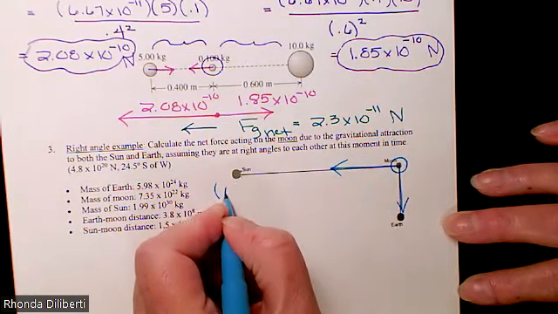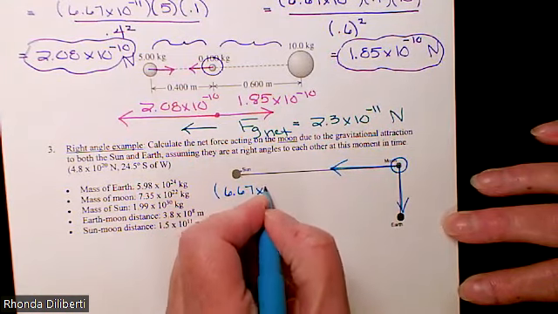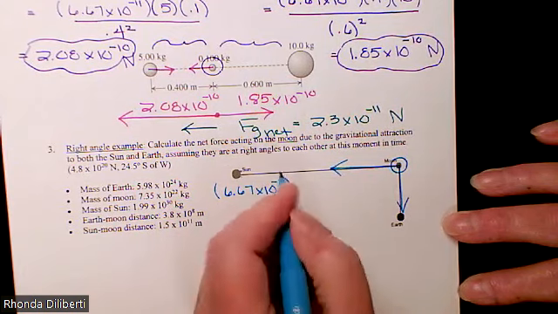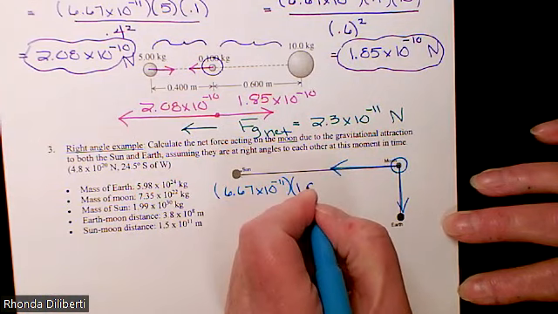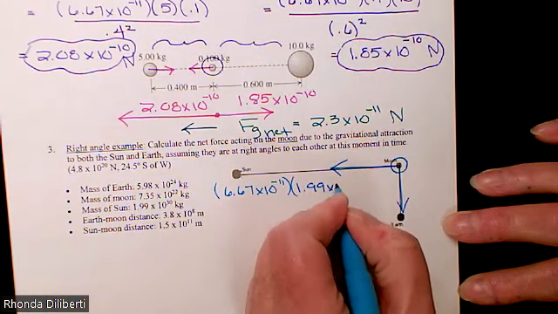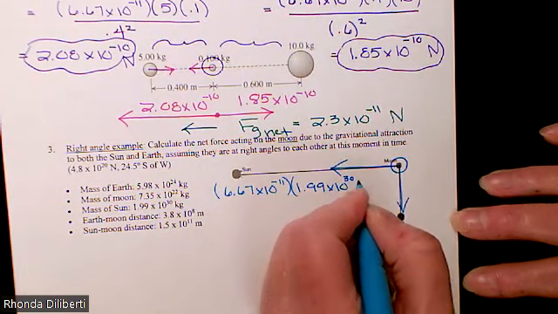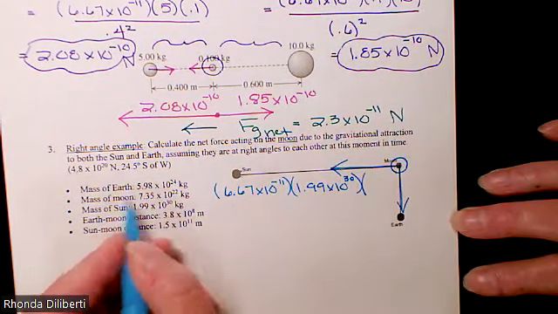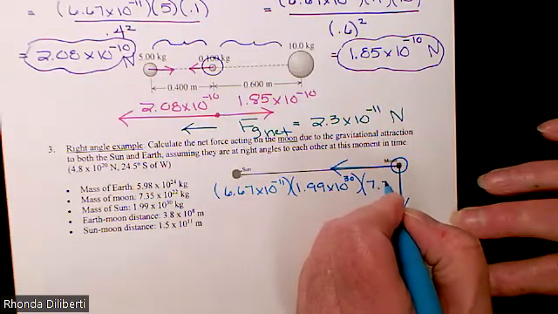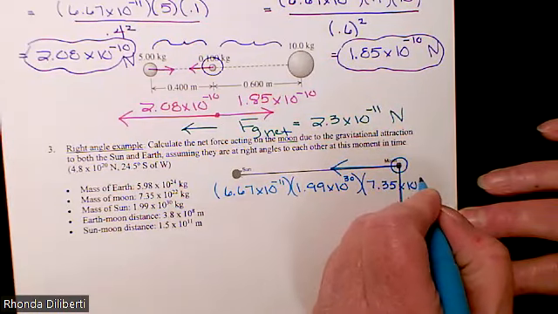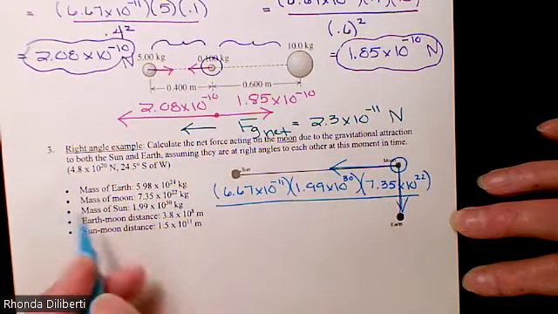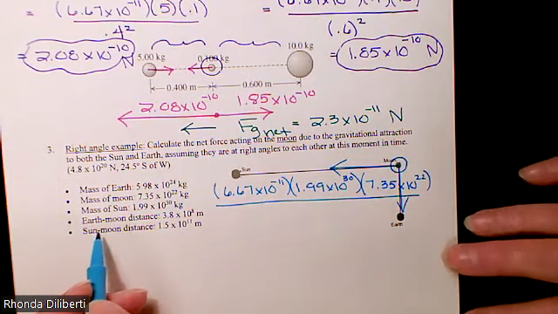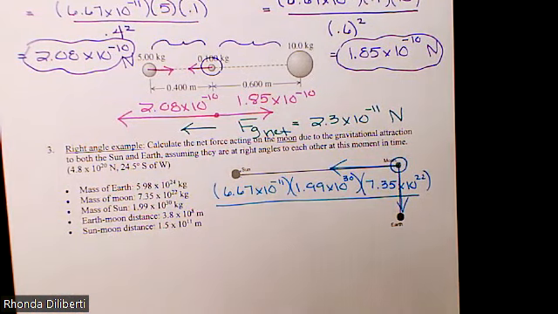So that's going to be 6.67 times 10 to the minus 11 times the mass of the sun, 1.99 times 10 to the 30th, times the mass of the moon, 7.35 times 10 to the 22, and divided by how far apart the average distance between the sun and the moon is, if I turned them both into point masses.